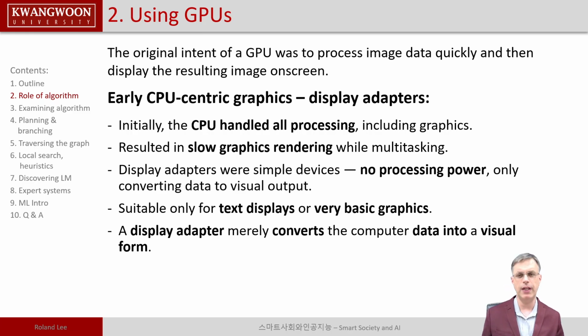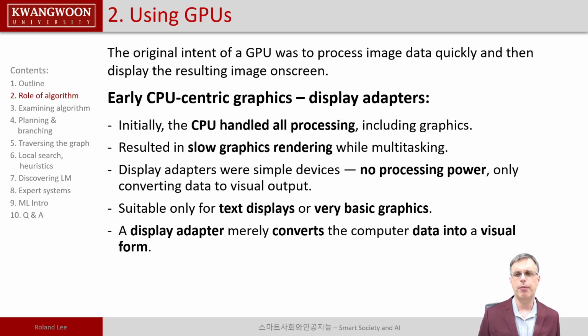During the initial phase of PC evolution, the CPU performed all the processing, which meant also that the graphics could appear slowly while the CPU performed other tasks. During this time, a PC typically came equipped with a display adapter, which contains little or no processing power at all.